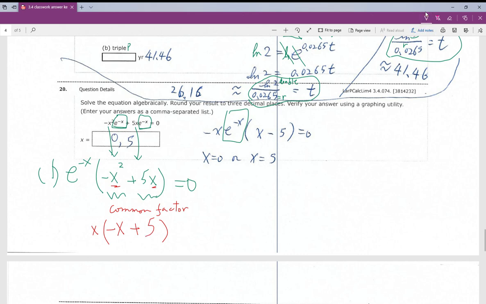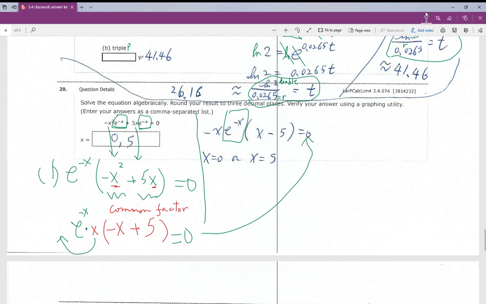And don't forget, outside I still have e to the negative x. Now remember, we always want to put the x in front of e. This looks better. Okay. So that's how I have this one equal to 0. And keep going. So I skipped 2 steps. Now I show my work here.